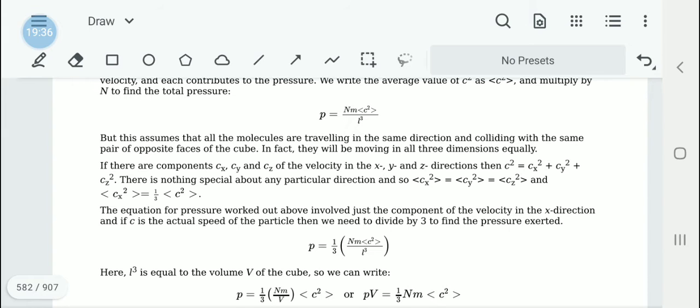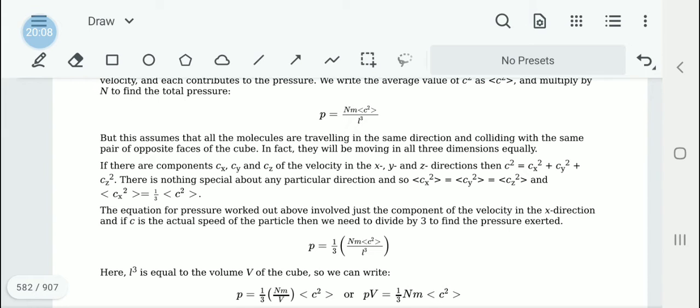So the assumption that we make here is that all molecules are traveling in the same direction and they collide with the same pair of opposite faces of the cube, right? That is, like the opposite sides of a carom board. But they actually move in all directions, in all three dimensions equally, right?